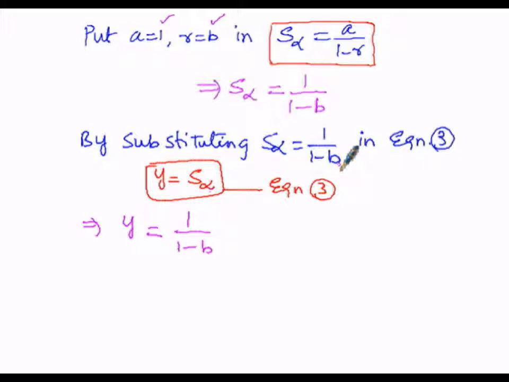Here y is the subject of this equation, and I want to make b the subject. For that purpose I want to cross multiply. When we cross multiply, the denominator will be 1, so that implies y into 1 minus b is equal to 1 into 1. I got this logical step by cross multiplying.